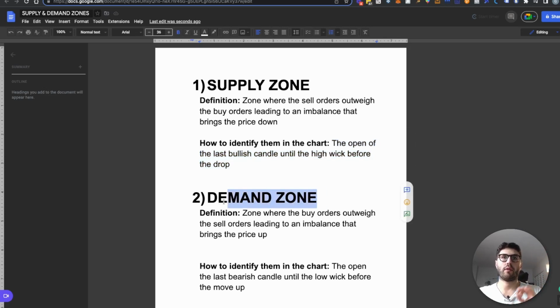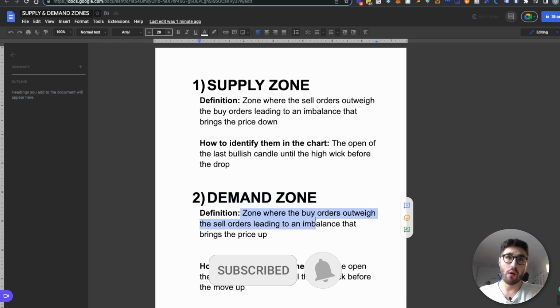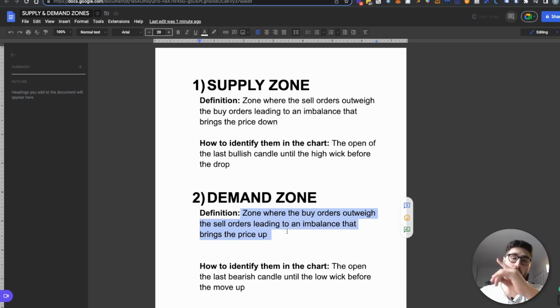All right, let's talk about the demand zone. The demand zone instead is a zone where the buy orders outweigh the sell orders, leading to an imbalance that brings the price up. So we have more buying orders than sell orders, and therefore the demand outweighs the supply, and therefore the price is moving higher.